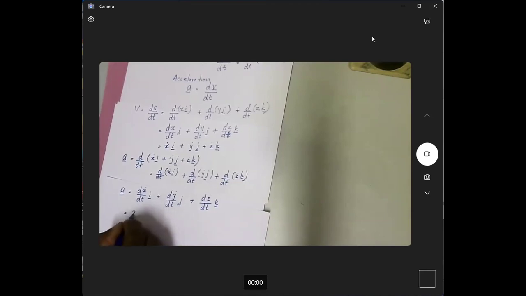And again, the standard notation is x double dot i plus y double dot j plus z double dot k.